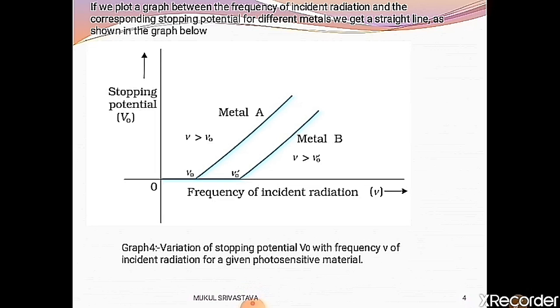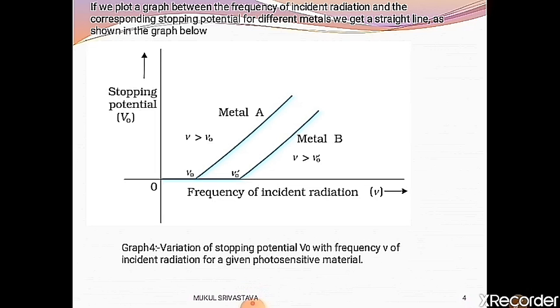Again for metal B, at the cutoff frequency nu naught dash, the stopping potential is again 0. Now from this graph we get the information that the maximum energy of the photoelectron varies linearly with the frequency of the incident radiation, and it is independent of its intensity.